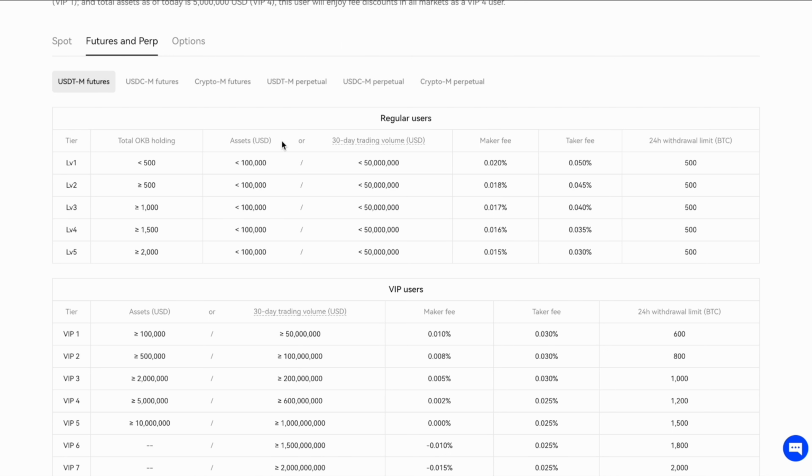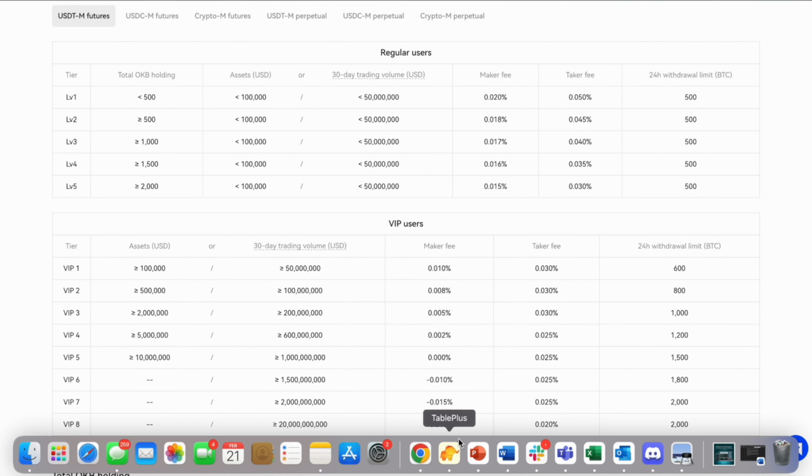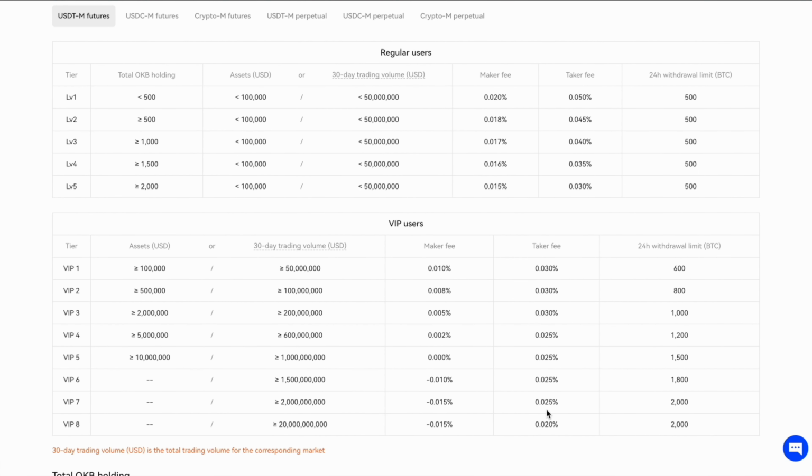The maker and taker fees for future trading start off at 0.02 and 0.05% for maker and taker at OKX in the first tier level, and are down to 0.01 and 0.03% in tier 6. The fees can go down to minus 0.015 and 0.02% for maker and taker trades in the highest tier level, which is again very hard to reach.